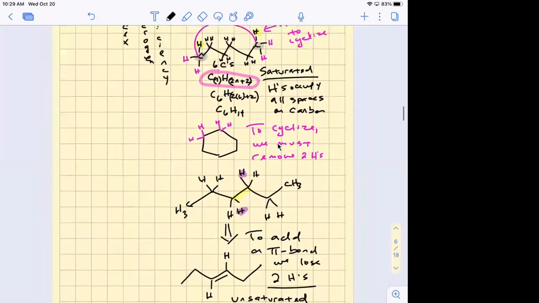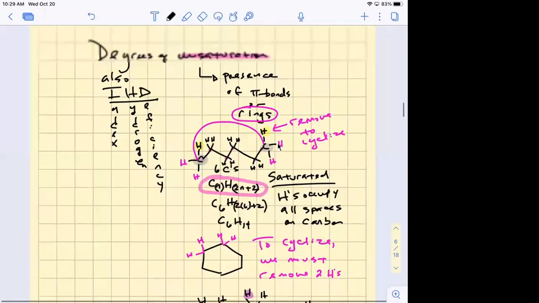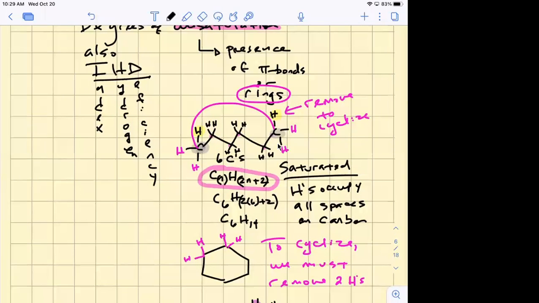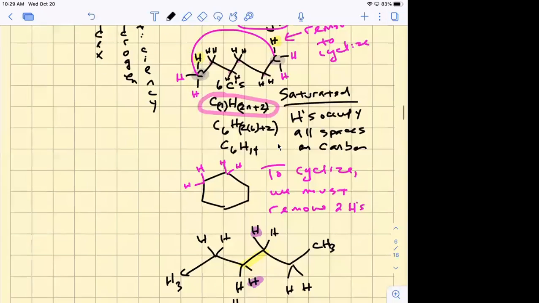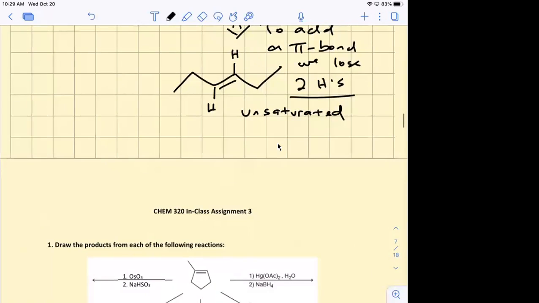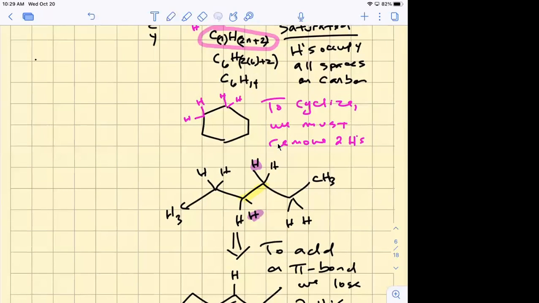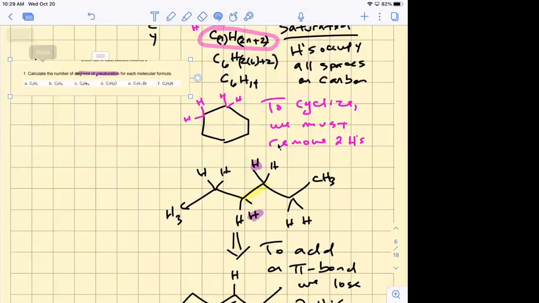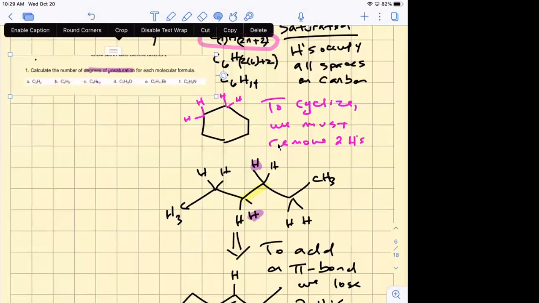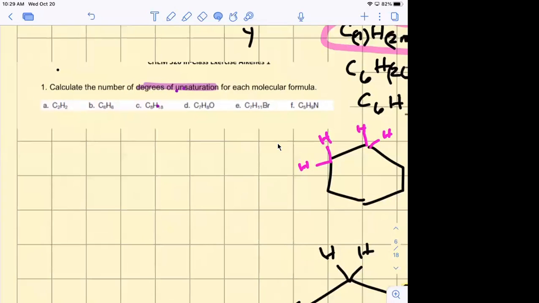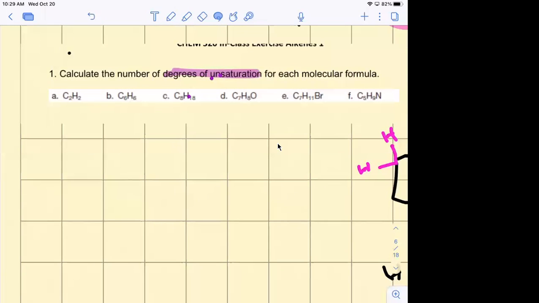So when we talk about degrees of unsaturation, what it can tell us is the number of rings present, or the number of double bonds or pi bonds present. And that's important because if we have a molecular formula, like the first one, C2H2, let's see if we can figure out how many degrees of unsaturation are present.